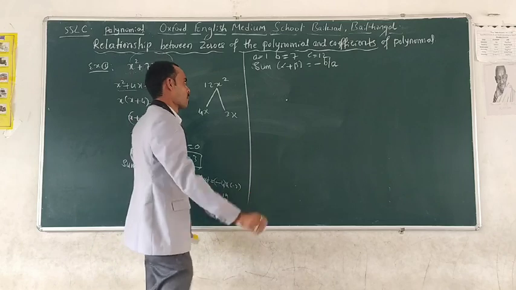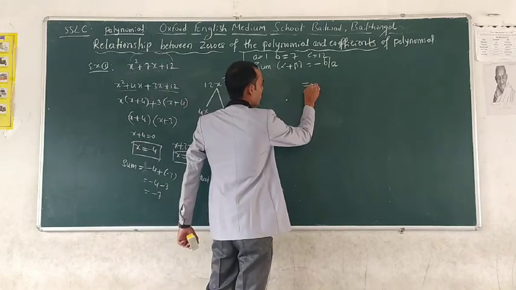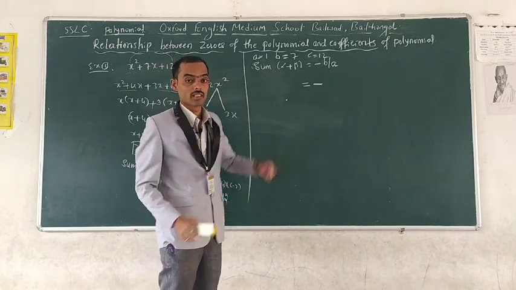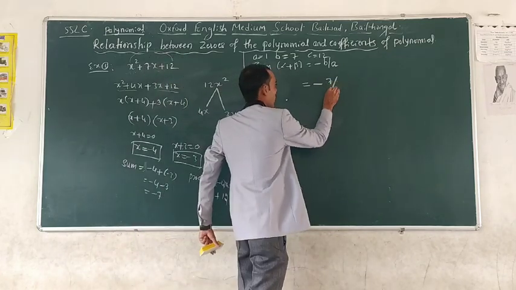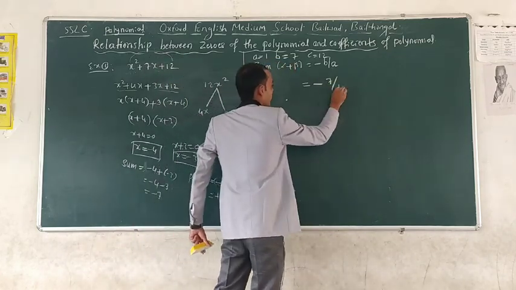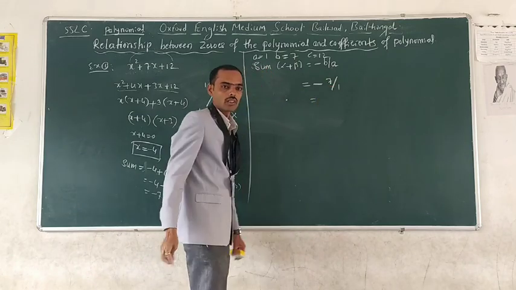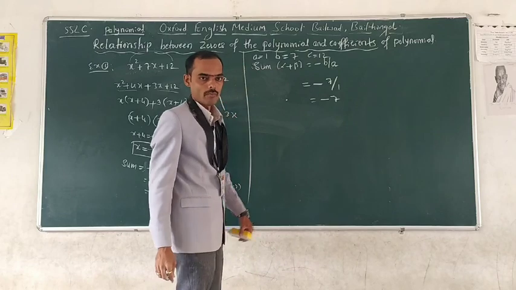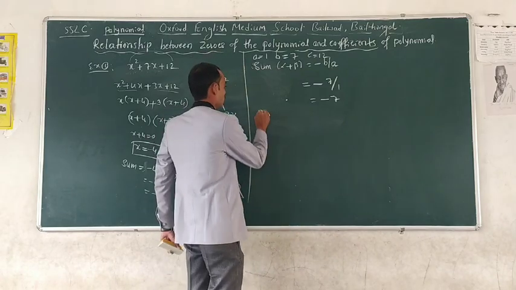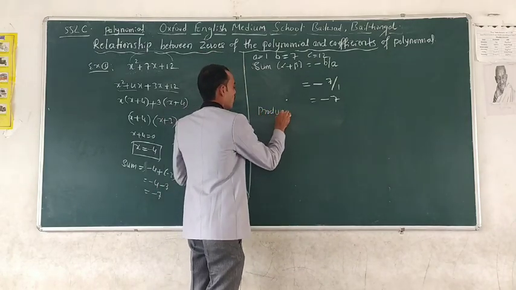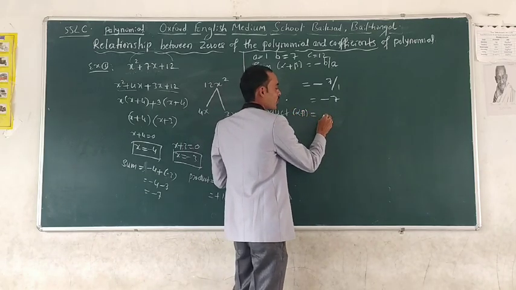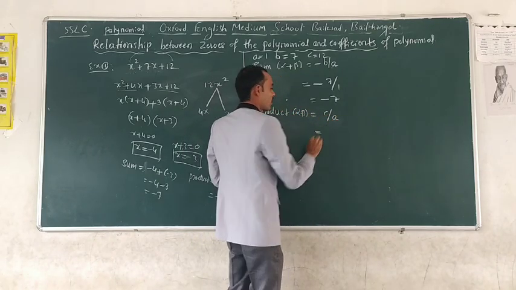Alpha plus beta is minus b by a, minus as it is, b is 7, and 7 divided by a, which is 1, minus 7 by 1 means minus 7 only. Then the product alpha into beta is equal to, what is the formula, c divided by a.